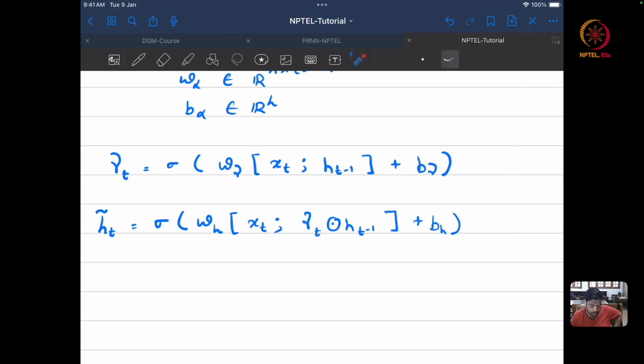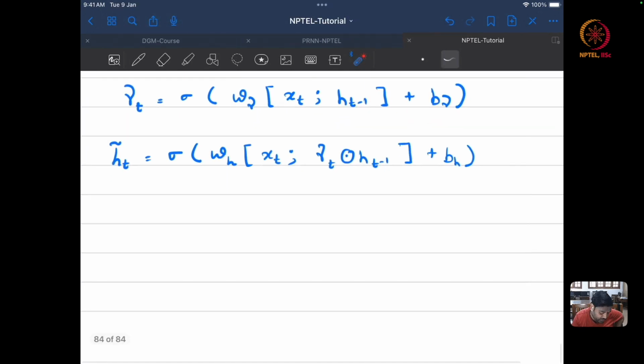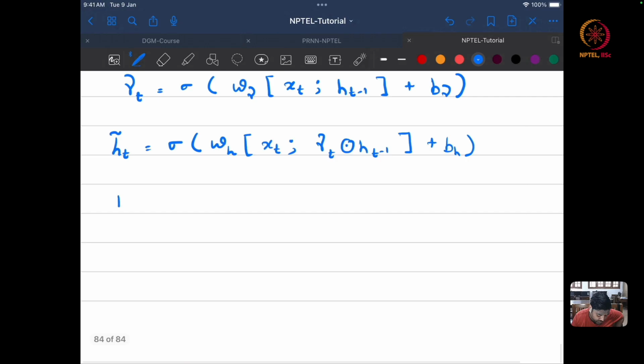So now, because of the size matching, this and this should be similar to the given size. Okay, now finally, what do you do? Now you have h_t is alpha_t, taking the Hadamard product with h_{t-1}, plus (1 minus alpha_t) taking the Hadamard product with h_t tilde.